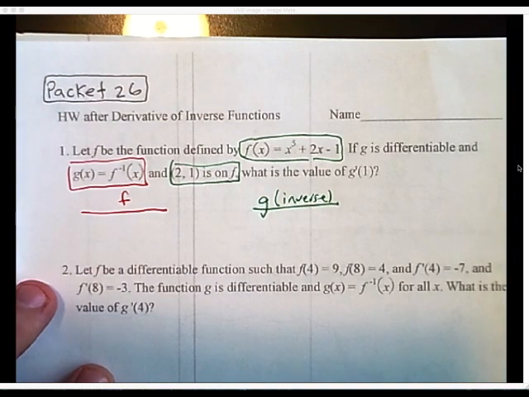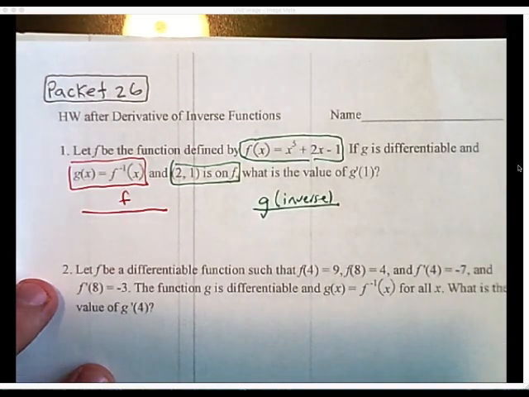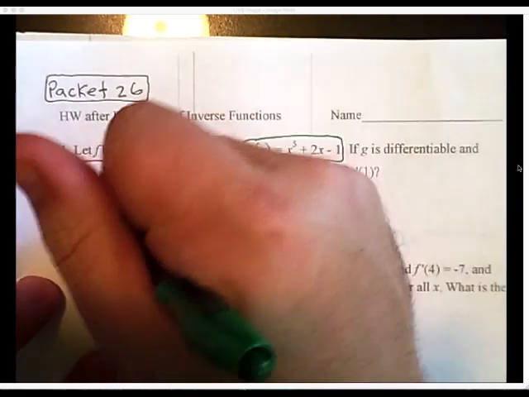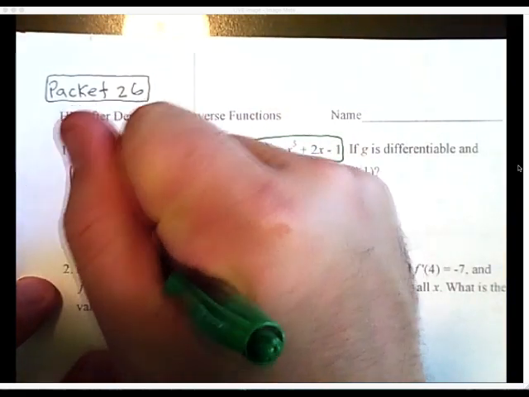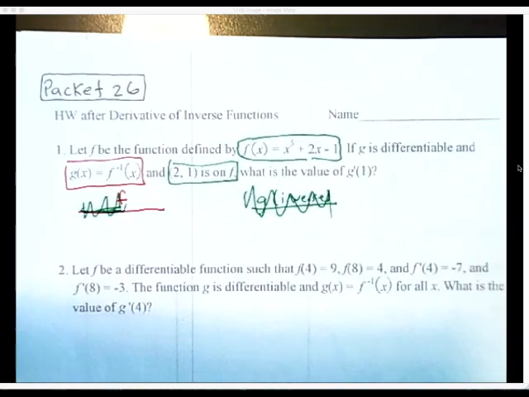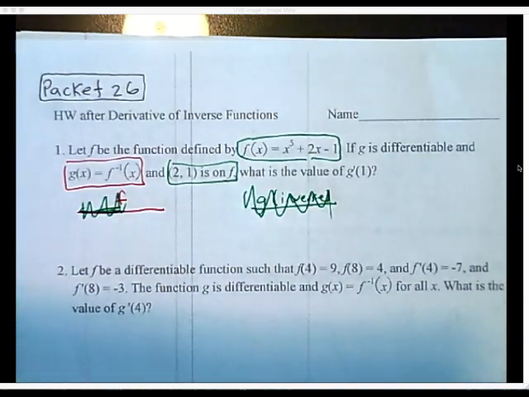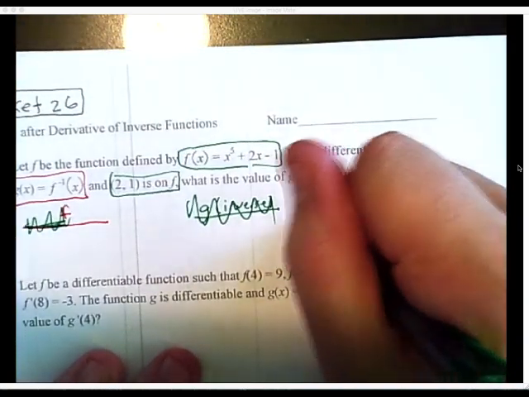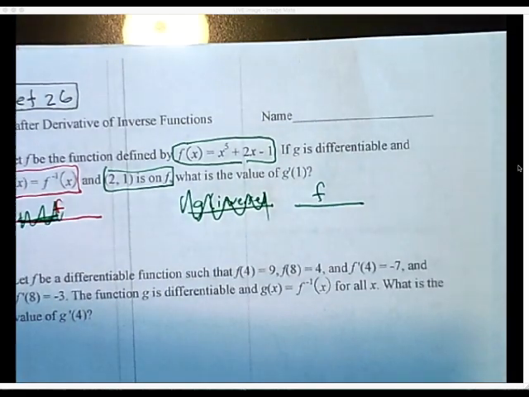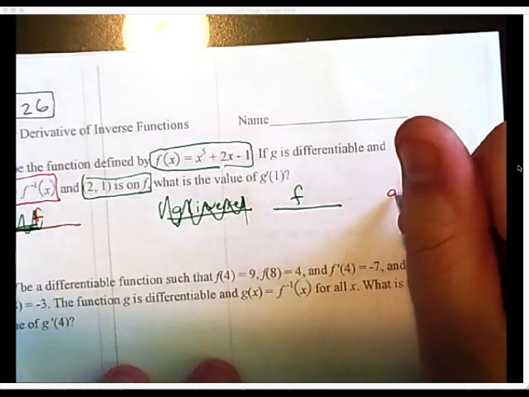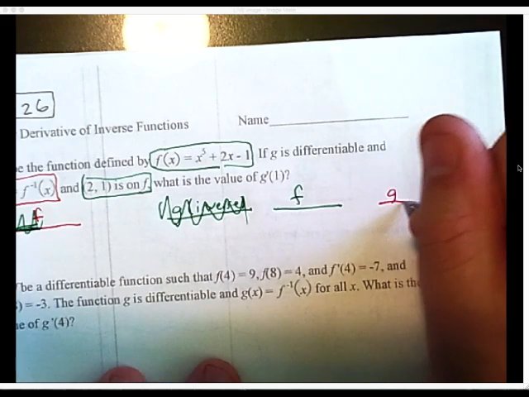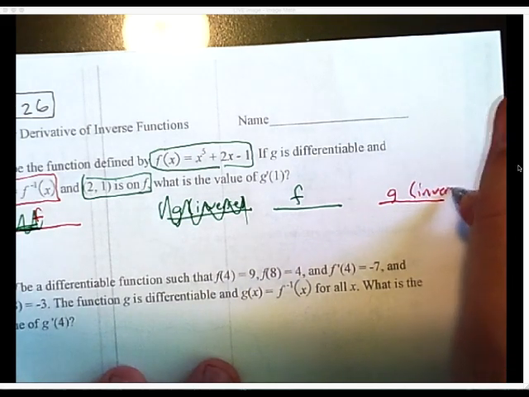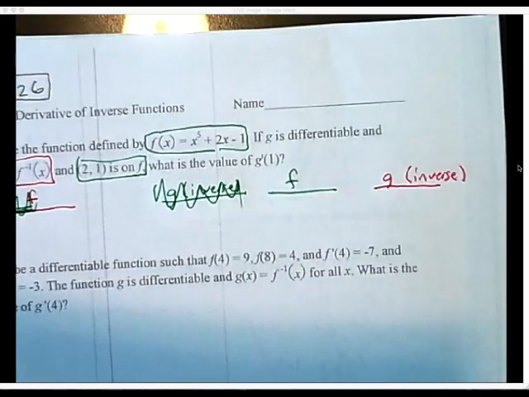Oops. I probably should have done this in the other color, sorry. Alright, so let's do f in green. f is the original function, g is the inverse. Okay, so just think about it like points and slopes.